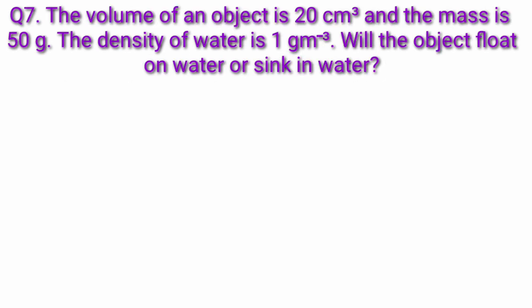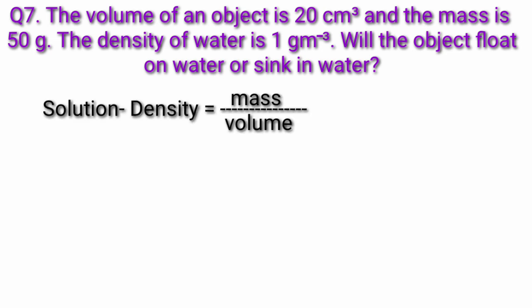Now question 7. The volume of an object is 20 centimeter cube and the mass is 50 gram. The density of water is 1 gram per centimeter cube. Will the object float on water or sink in water? Solution. Density is equal to mass divided by volume.